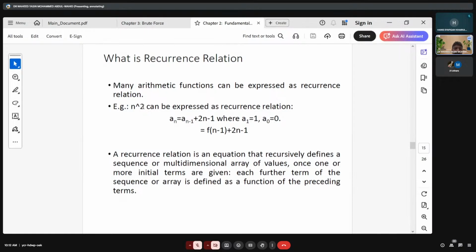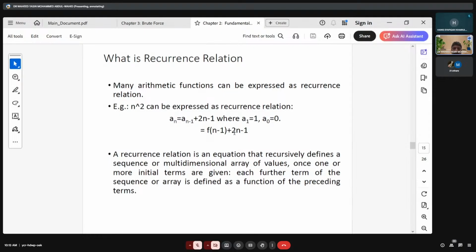So here, if we have 3 power 2, it means 8. So here we call 3, F(n minus 1), we call 2 plus 2n. So here 2 means 6 minus 1, so here it will be 5.